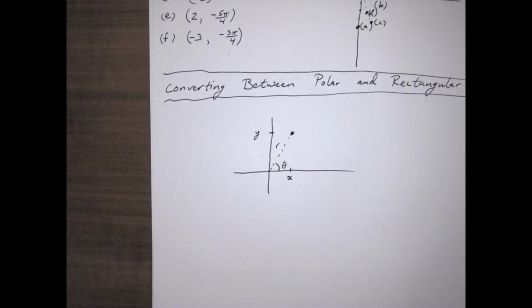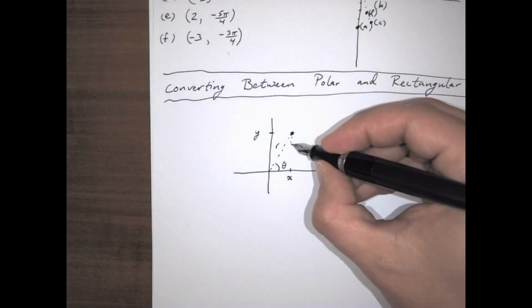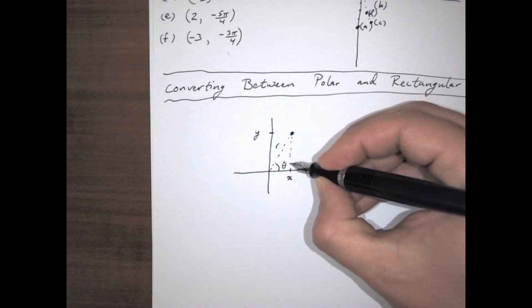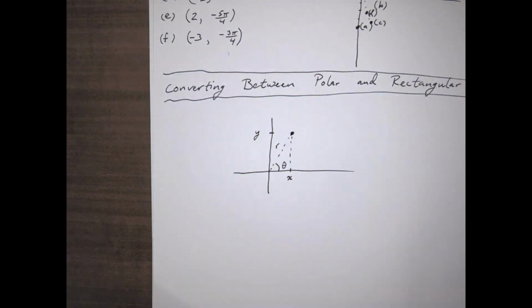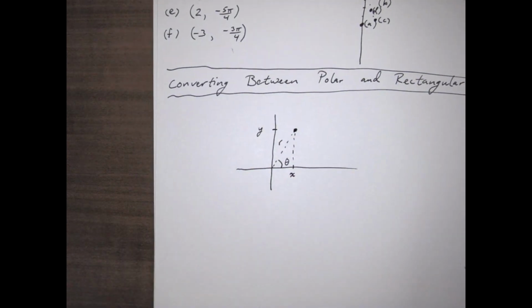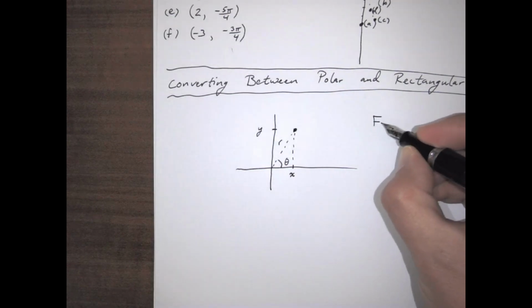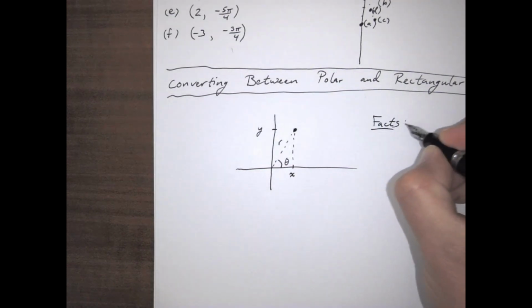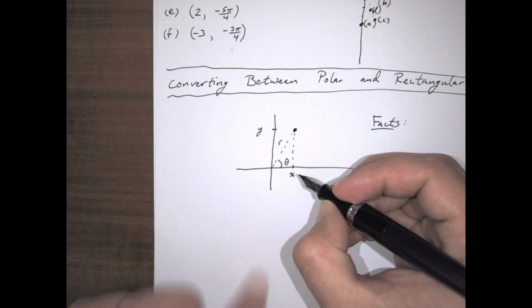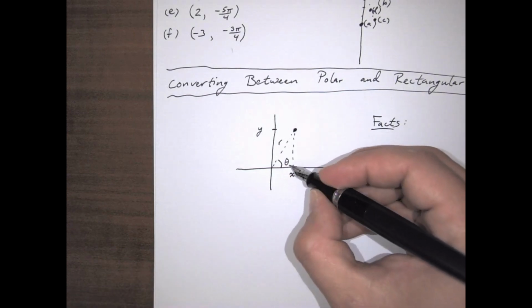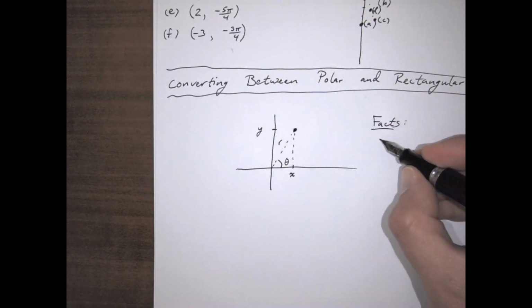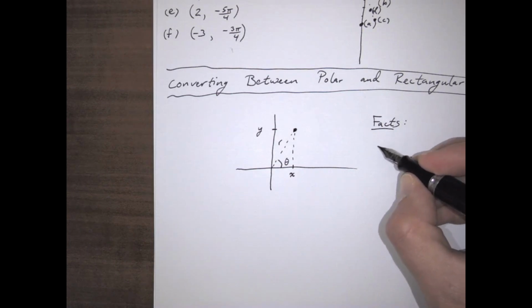Now let's think about the facts that we know about a point like this. We know the angle, we know the r, which here we can think of as serving as a hypotenuse of a right triangle, or as the classic r that we've been using for characterizing points on non-unit circles. Now, some facts. First off, if I take the cosine of theta, that would be the same as x over r.